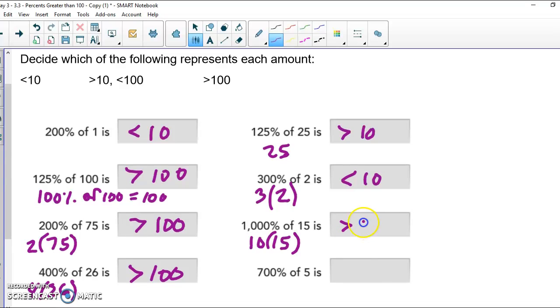This will definitely be greater than 100. And finally, if I'm looking at 700% of 5, then I can first think about 100% of 5. 100% would be all of it, and 700% would be 7 times as much as 100%. So this would certainly be greater than 10, but less than 100.